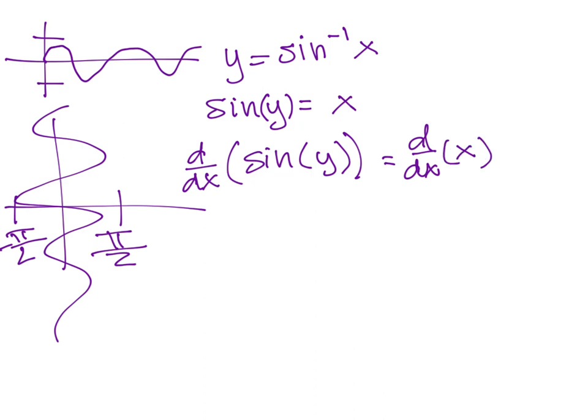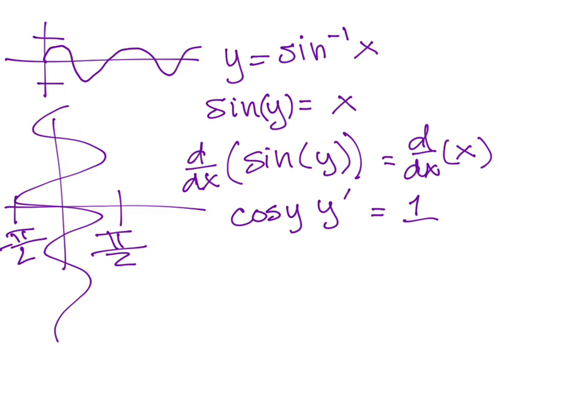We're differentiating both sides. So when I take the derivative of sine of y in terms of x, the derivative of sine is going to be cosine y, y prime, equal to 1.